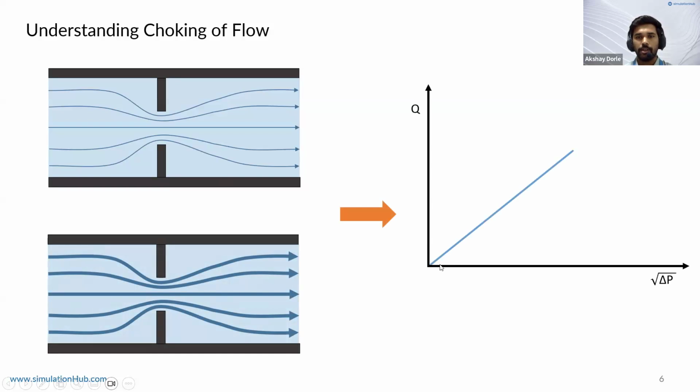As we guessed, the relationship between flow rate and the square root of pressure drop is linear, meaning as the pressure drop increases or decreases, the flow rate also increases and decreases in a linear fashion. In an ideal world, this graph would continue to any flow rate and any pressure drop. The slope of this line we generally refer to as Cv.